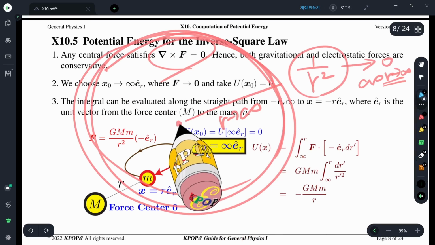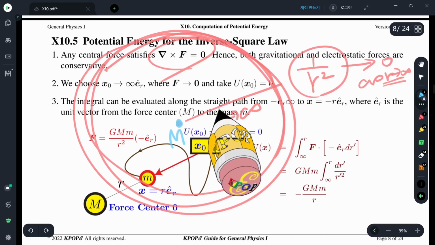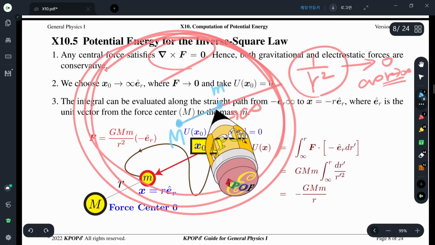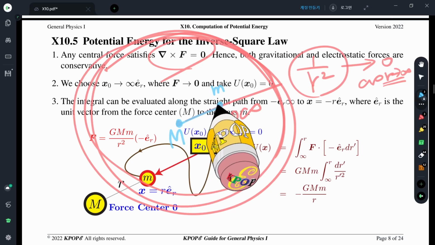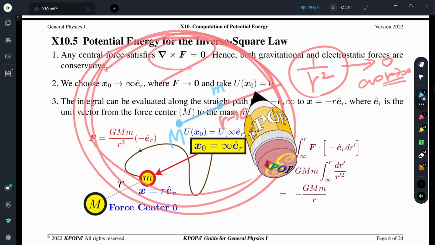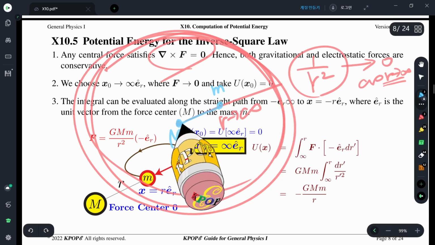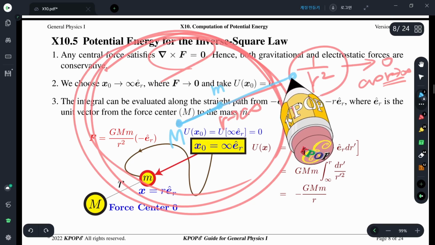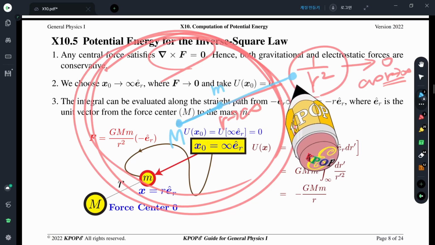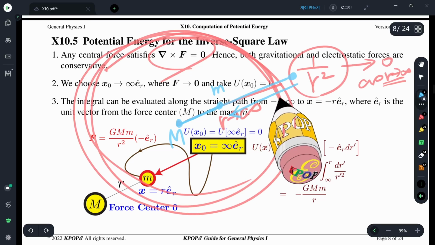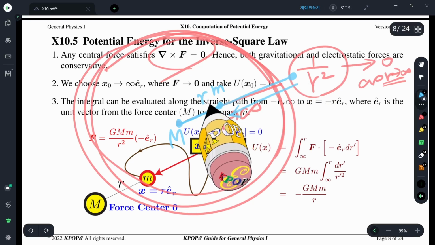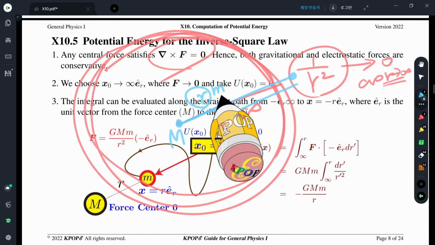So if you have a particle of capital mass M and another particle of small mass m, they communicate with each other with the gravitational force. What you have to do is just extend the straight line connecting the two particles to approach infinity, and then integrate over the straight line from infinity to the point where this small m is placed.